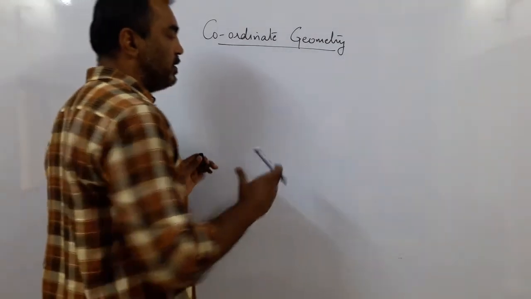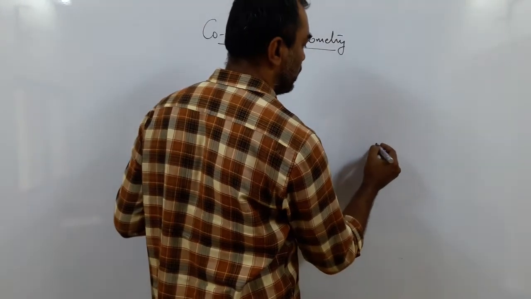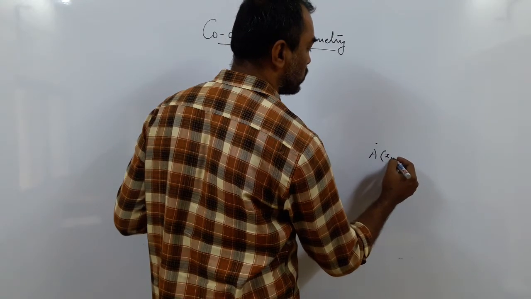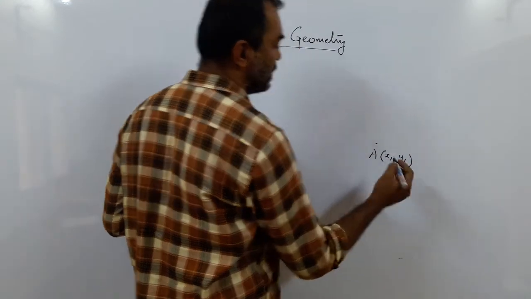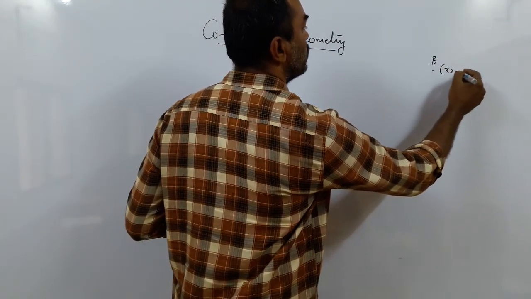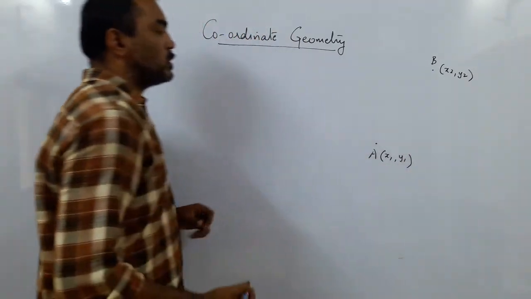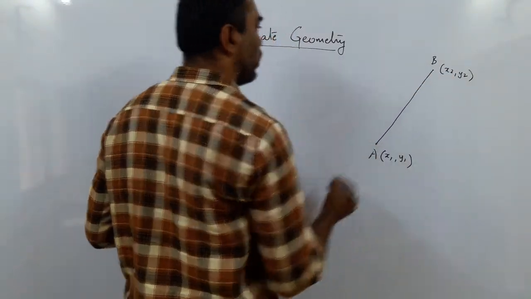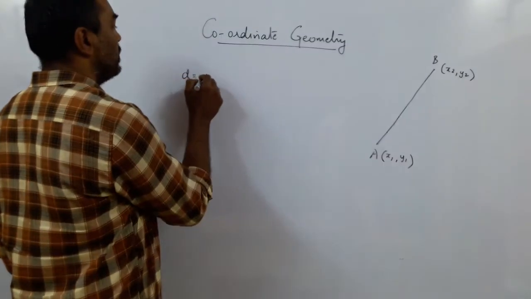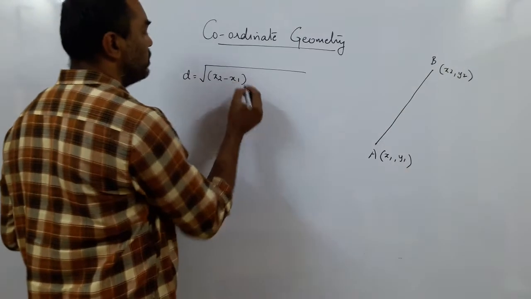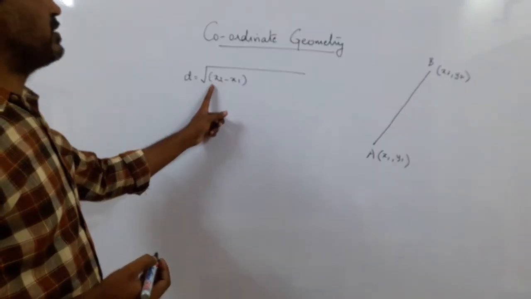So we have seen that in coordinate geometry the points are given in two coordinates. For example, we have a point A (x1, y1) and a point B, say (x2, y2). When two points are given, we find the distance between the points AB by the formula d is equal to the square root of (x2 minus x1), or you can even have x1 minus x2.